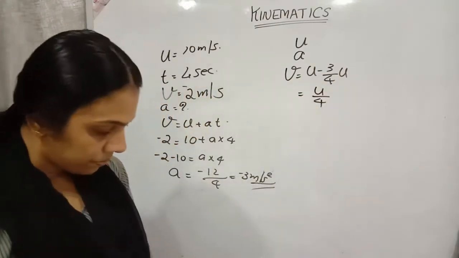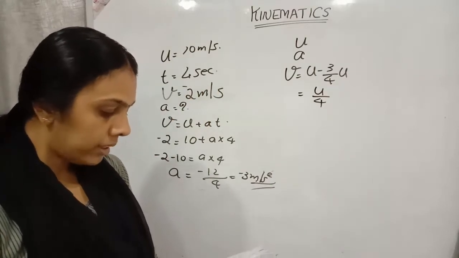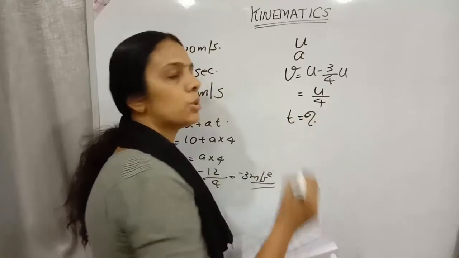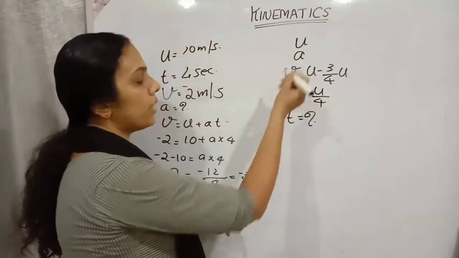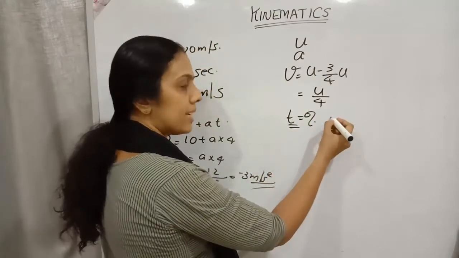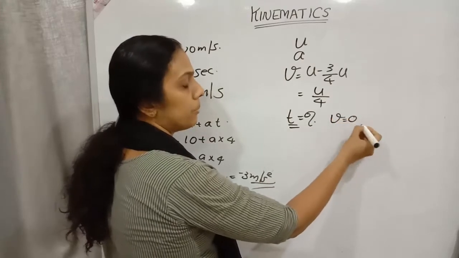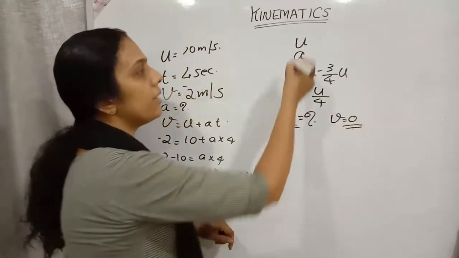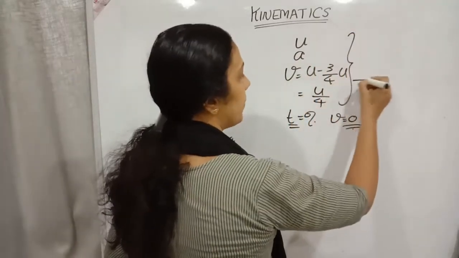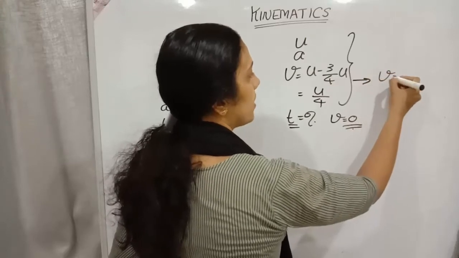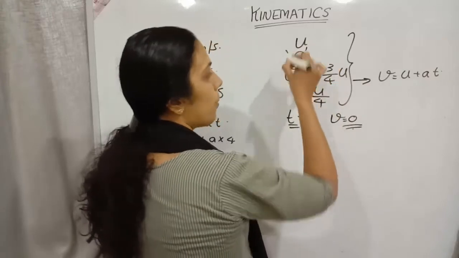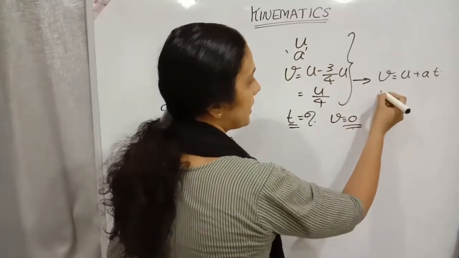Now we need to find the total time of motion of the body till its velocity becomes 0. So how can we find it? We need the total time, since when the velocity will become 0. The velocity is decreasing with respect to time, and it's moving with uniform acceleration, so we use v equals u plus at and find the acceleration.